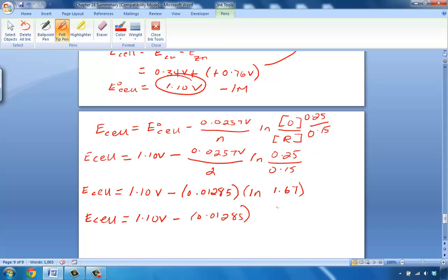The ln of 1.67 is 0.51. Simplify even further: 1.10 volts minus the product of 0.01285 times 0.51.